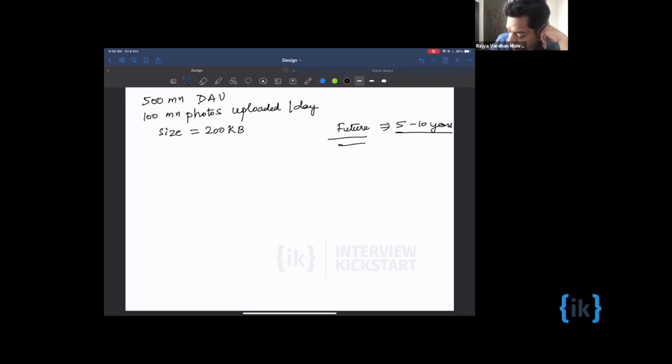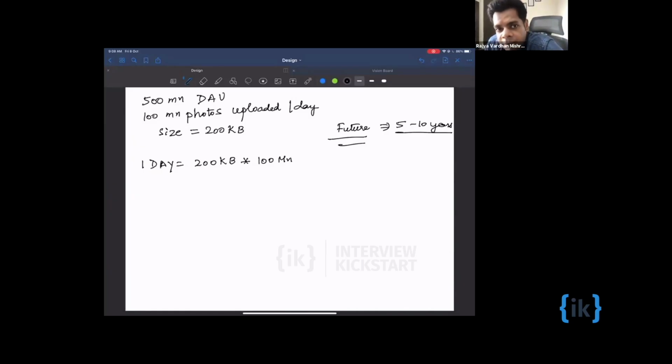So now let's calculate how much data storage is required in 1 day. So we know that one photo size is 200 KB, and we know that 100 million photos are being uploaded per day. Now, how do we quickly convert it into an actual number?